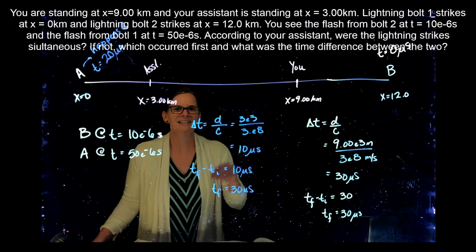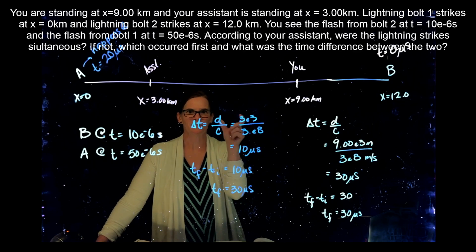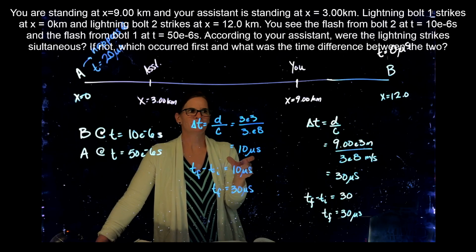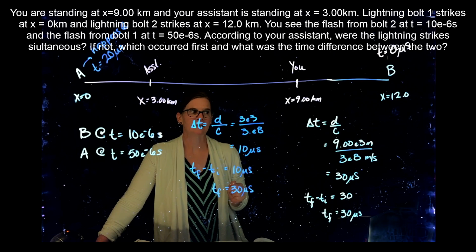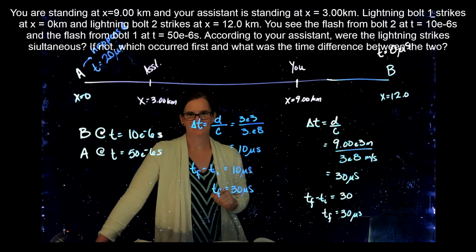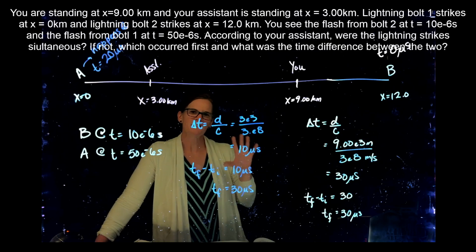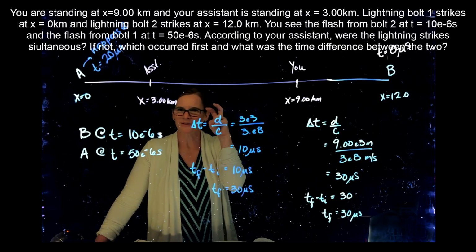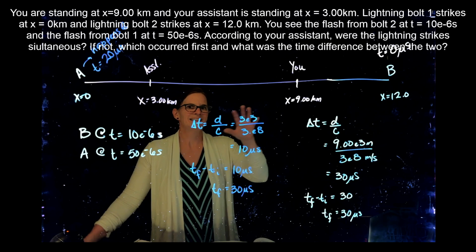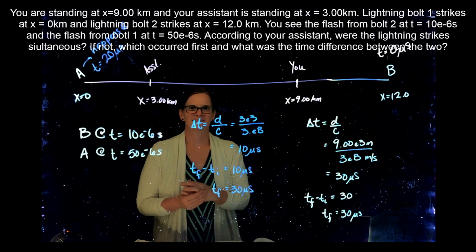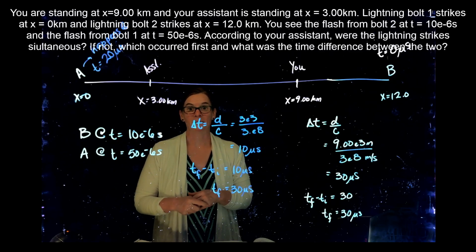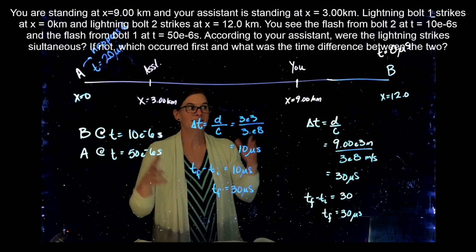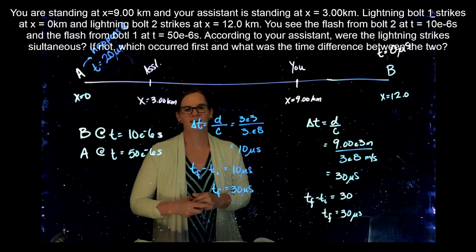But because they are at rest in this reference frame, they know that the strikes are not happening simultaneously, even though they see them simultaneously. So that gives you an idea that that observation is different than what's actually happening in terms of the timing of these two lightning strikes.